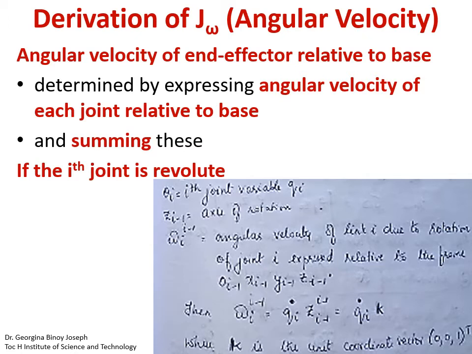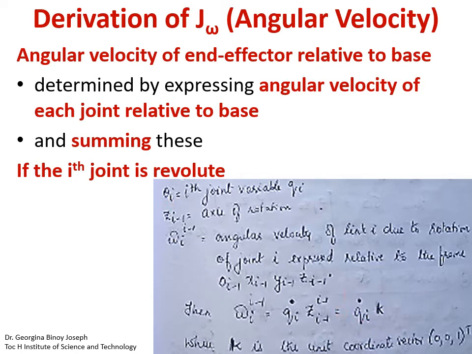We know the assumption: when joint i moves, link i and the links above it will move, but the links below that will not move. So omega i to i minus 1 is the angular velocity of link i expressed relative to the frame associated with link i minus 1. We had seen in the previous lecture that omega can be represented as theta dot into k, because theta is the joint variable.